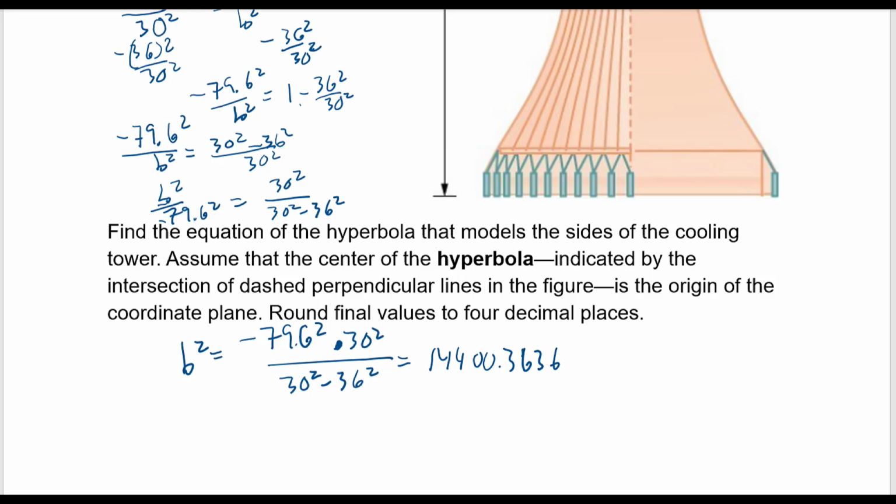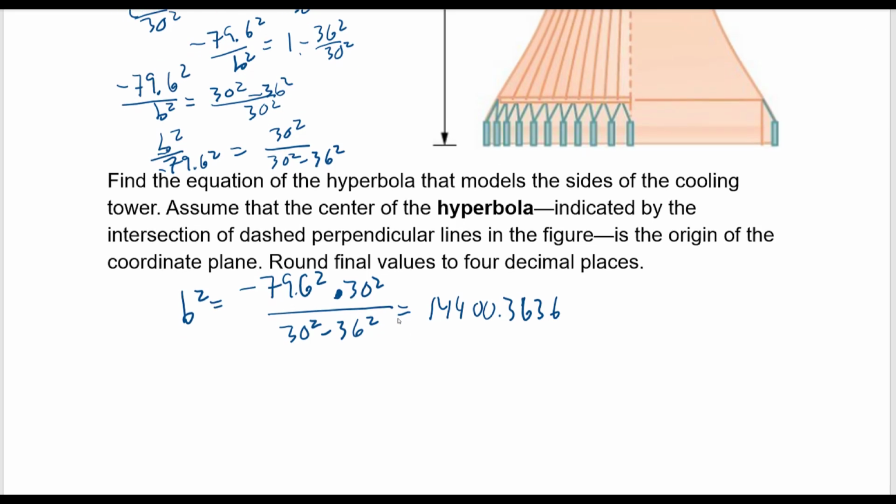I'm thinking that it keeps repeating 3636, so I'll leave it there for 4 places. So let's see, it would be x squared over 30 squared, which is 900, minus y squared over 14400.3636 equals 1.